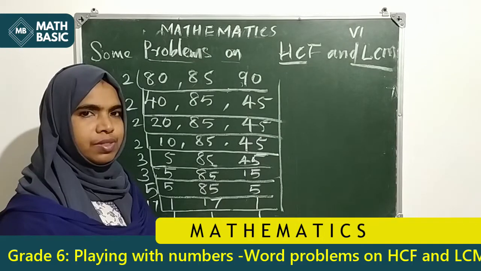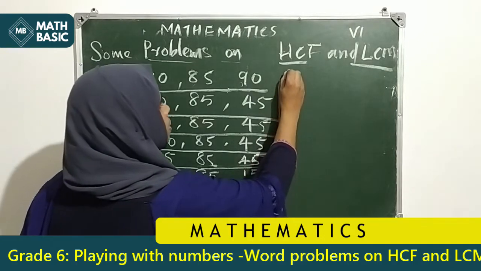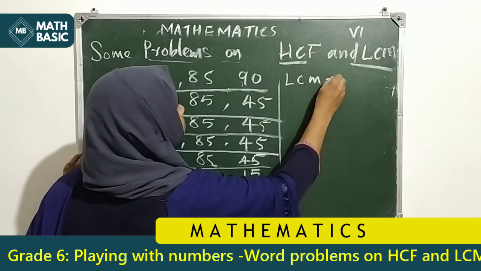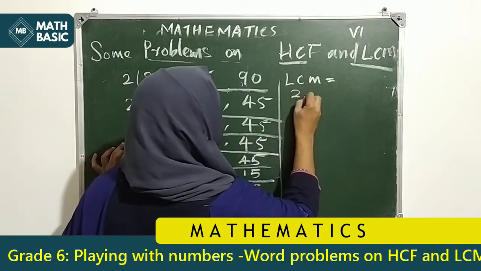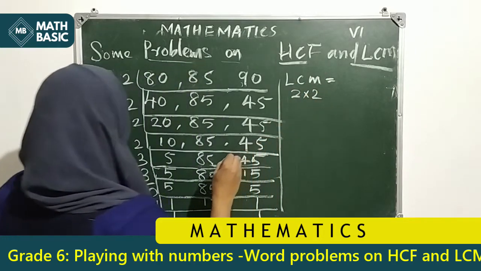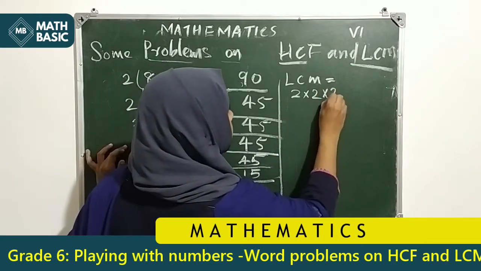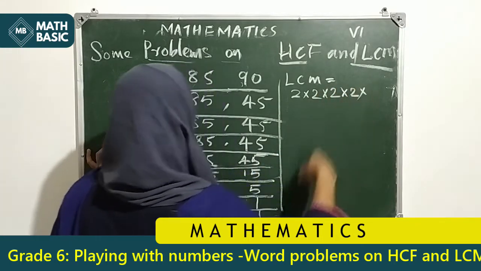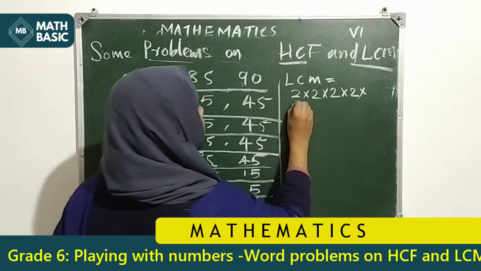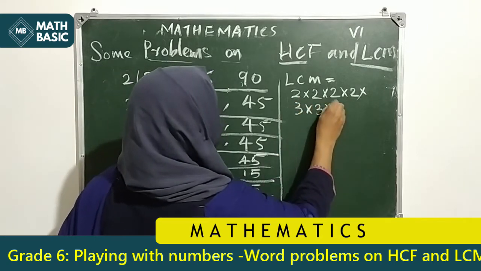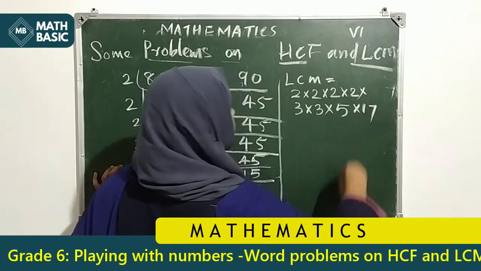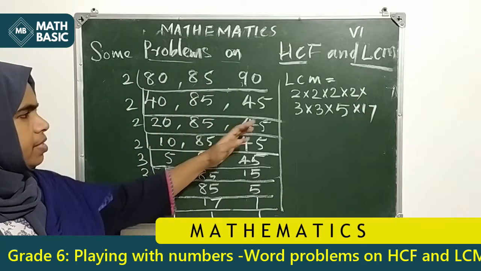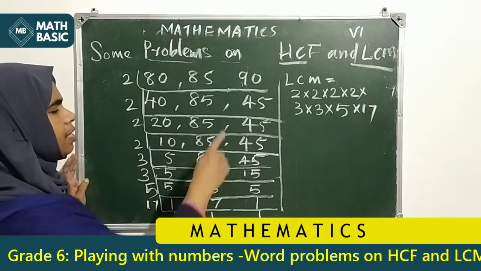So LCM equals the product of factors: 2 into 2 into 2 into 2, into 3 into 3, into 5, into 17.